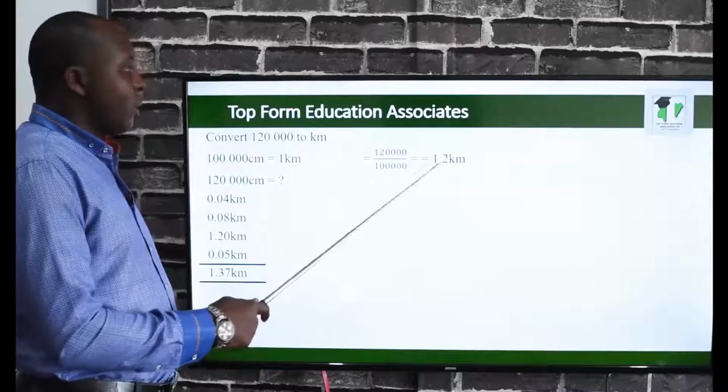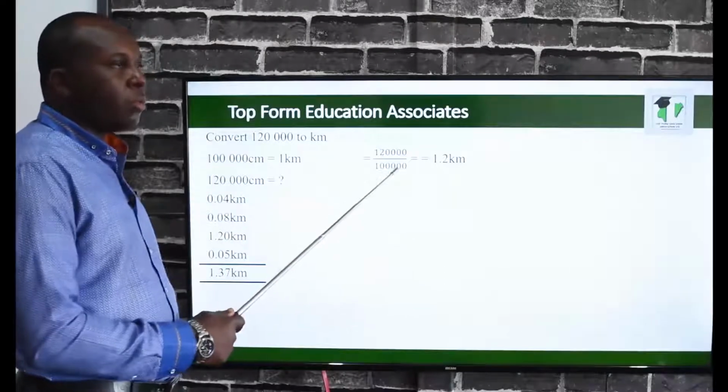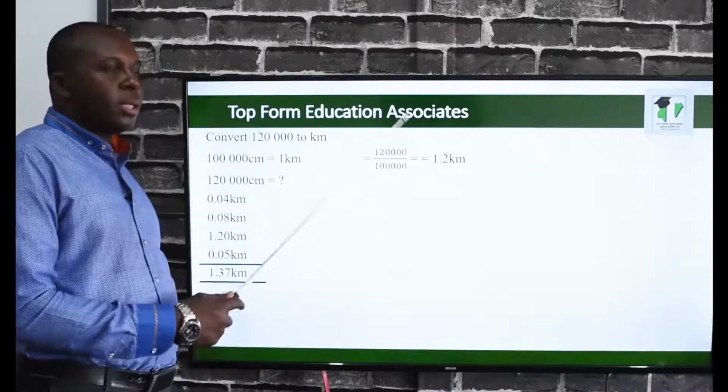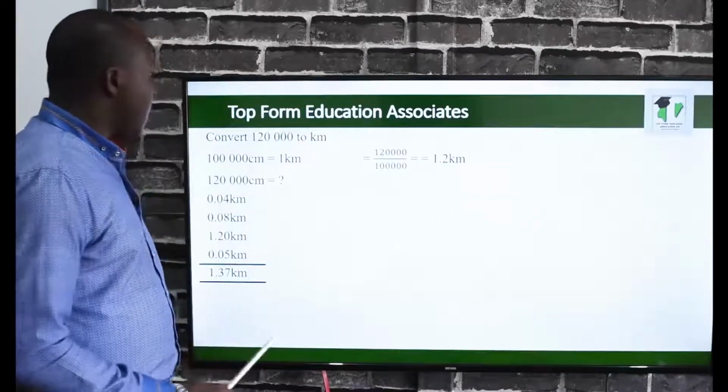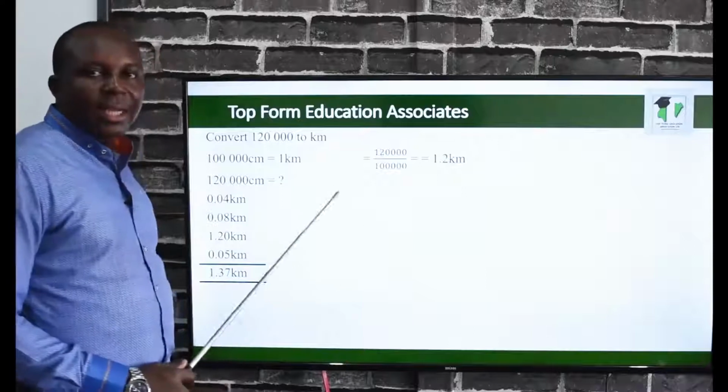So 10 goes into 12 once, remainder 2. Add 0 to that 2, gives me 20. 10 goes into 20 twice. So we have 1.2 kilometers. So all of them are now in kilometers.